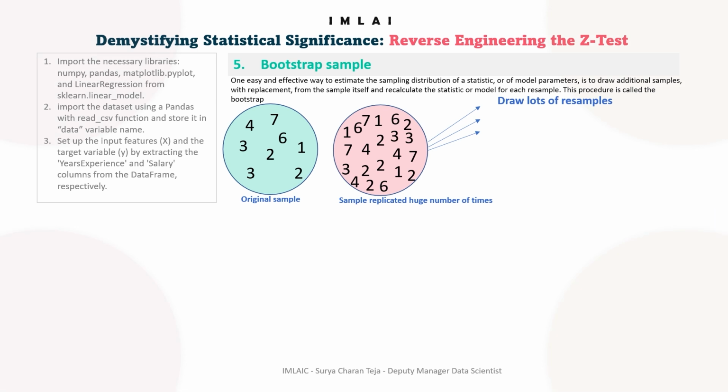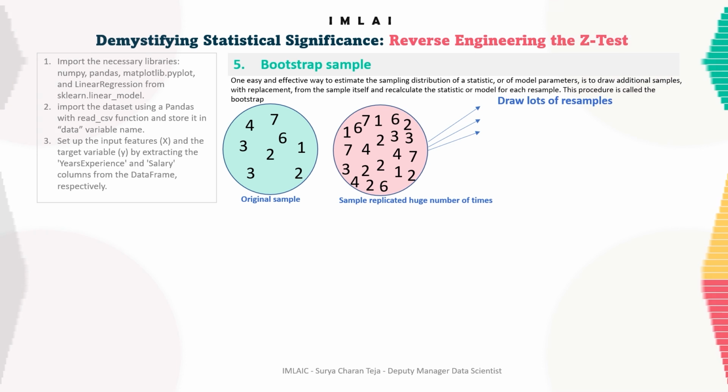So what is the coefficient? The coefficient is the number of units y changes when 1 unit of x changes. So that is the reason here our statistic is the coefficient, not the mean, not at all the mean. So we will use bootstrapping to create a sampling distribution of the regression coefficients for the feature years experience, because that is our feature and salary is our target.